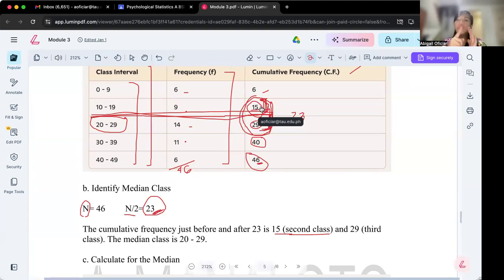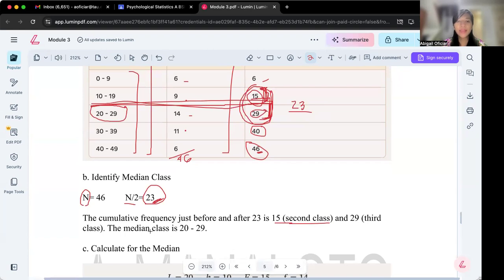So andito yung 23 sa pagitan ng 15 to 29. Since nandyan siya, our median class is 20 to 29. Bakit 20 to 29? Kasi mas nakapasok yung value ng 23 sa 20 to 29 compared sa 10 to 19.